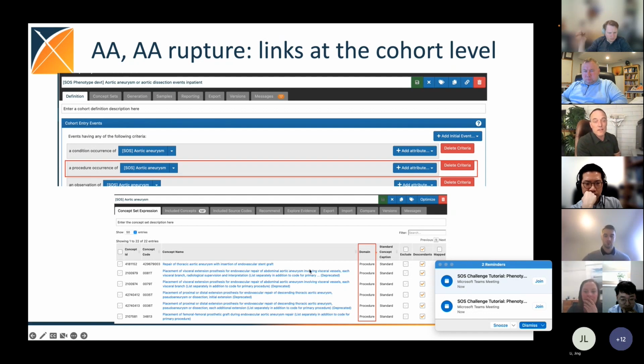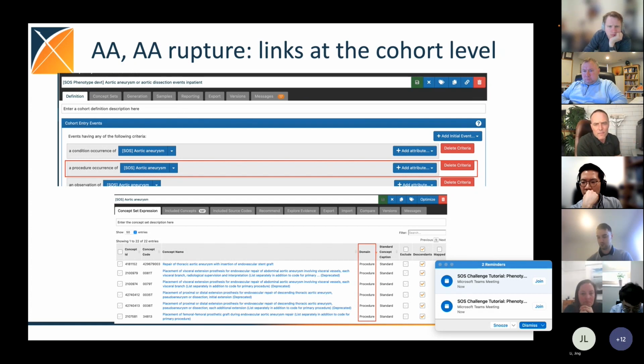That could conceivably be entertained for an expanding aortic aneurysm, but also for an aortic dissection. I don't think these procedures are going to allow the clean separation of aortic aneurysms versus dissections versus ruptures.